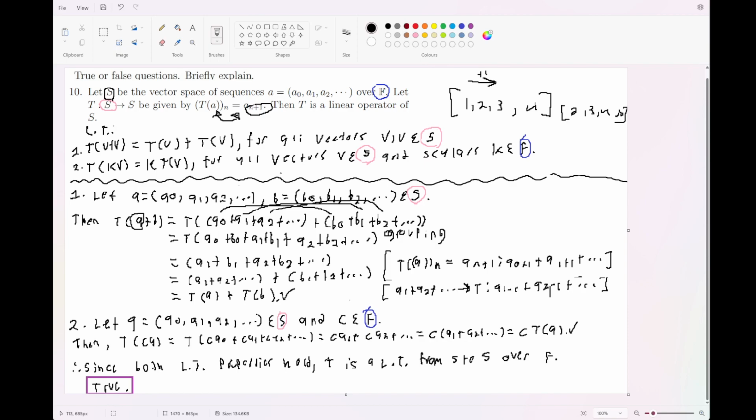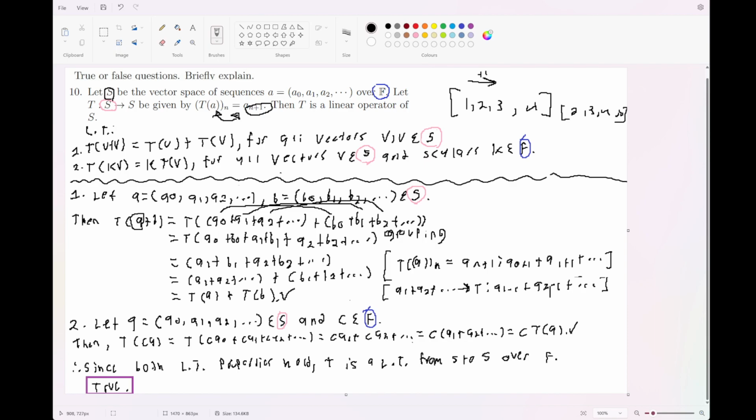Hold on. Let a, this is a scalar multiple, let a equal our sequence again, and c some scalar over the field F. Then T(ca) is equal to T, we just distribute our c along the sequence. Then what we do is we apply the transformation, so add 1 to all of our subscripts for our a coefficients.